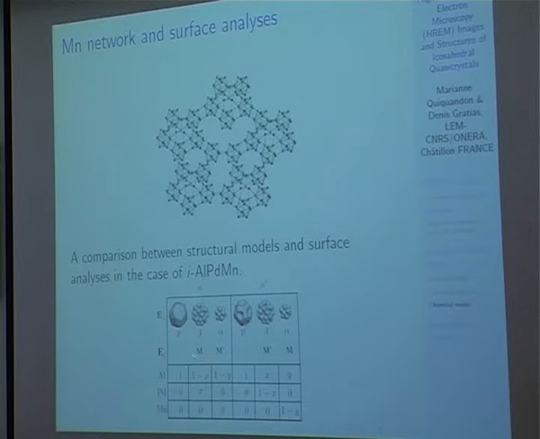The result of this study is that structures with an N atomic surface occupied by aluminium plus a small amount of manganese, and with palladium confined on the N prime and BC atomic surfaces, are the best candidates that agree with both bulk diffraction data and surface analysis.